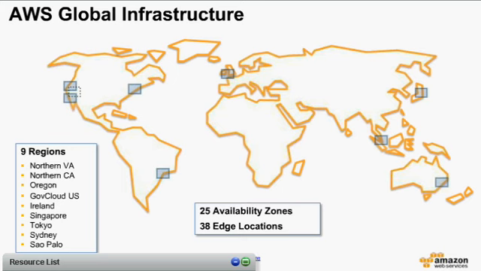We also have what we call availability zones, and as you see here, we have 25 availability zones. We refer to an availability zone as basically one or more data centers, and within a region you can expect there are 2 or more availability zones. Then you can do some really interesting things when you architect or deploy applications in a region. You can deploy an SAP system in multiple data centers and take advantage of the redundancy there.